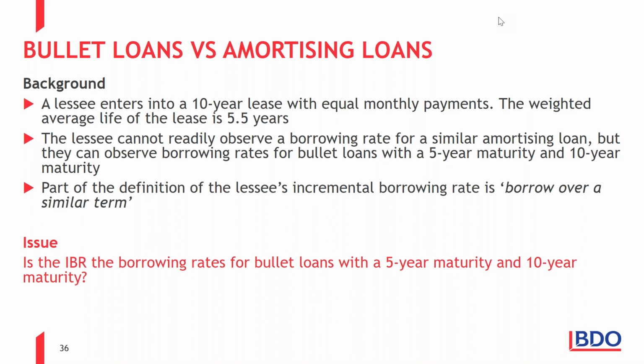So having said that, if you were to base your incremental borrowing rate on an underlying instrument with a term that is much longer than the actual lease term, you would probably apply a too high incremental borrowing rate. So that's the economic factors. And then if we go to the financing factor, the credit risk that the creditor would assign to a borrower would also usually increase with time.